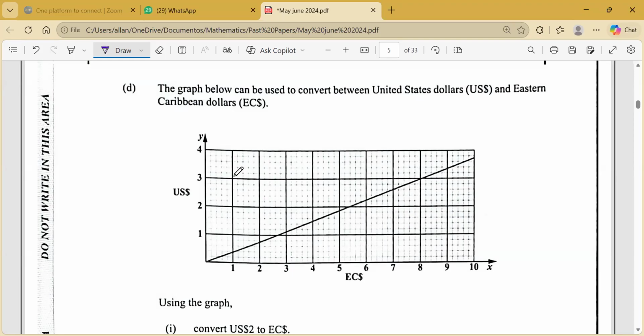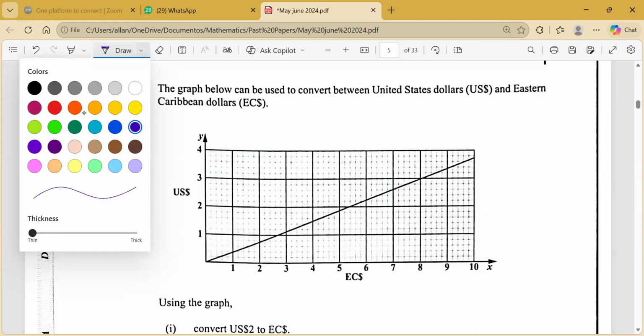Probably one day I could take my family there. Well, it'll just be me and my wife because my children are big adults. But those are beautiful places. If you didn't go to Tobago, go to Tobago. It's a beautiful island. So that was just by the way because of the EC dollar.